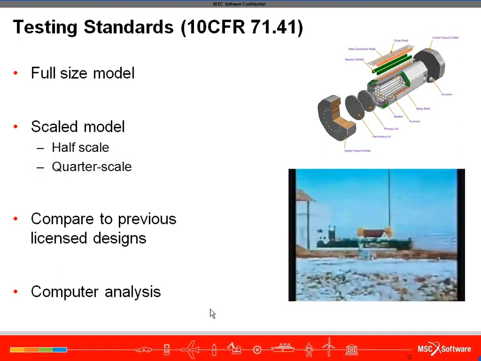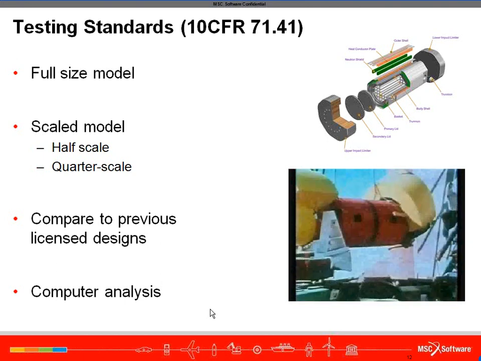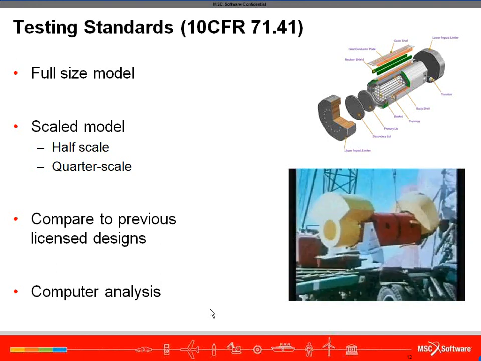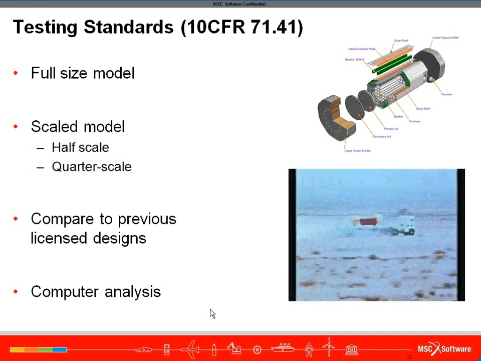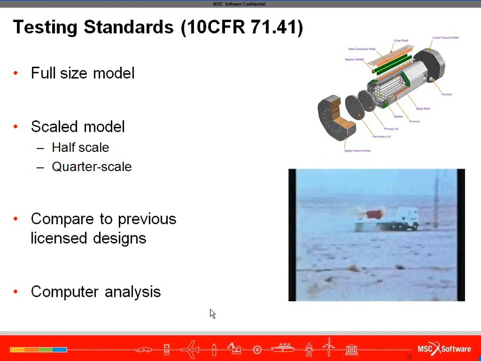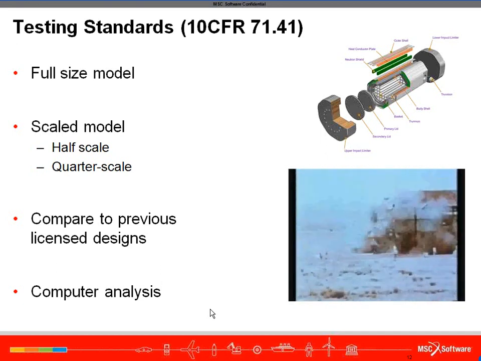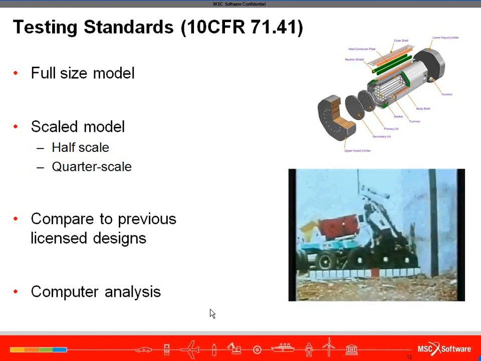You'll notice that several drop orientations are conducted. The first one you saw at the beginning of the video is the end drop, where the cask is dropped essentially vertical. And the second one is the one that we've already kind of showed you. It's what we call the corner drop, where the cask is oriented with its CG, or center of gravity, over the corner of the initial impact.